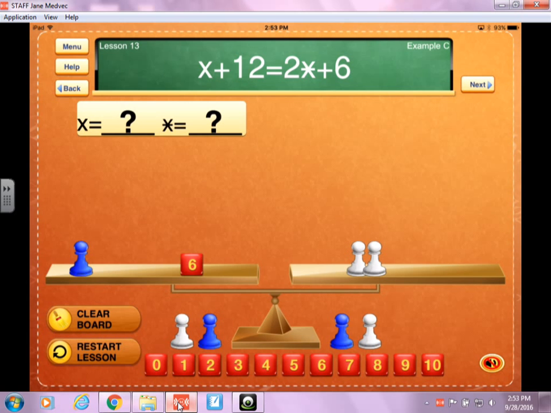Can I take an x from each side? No, so I'm going to add a star, and then what happens? I add a star to both sides, yep, and then the x and the star, right? The x and the star, that's that explosion.